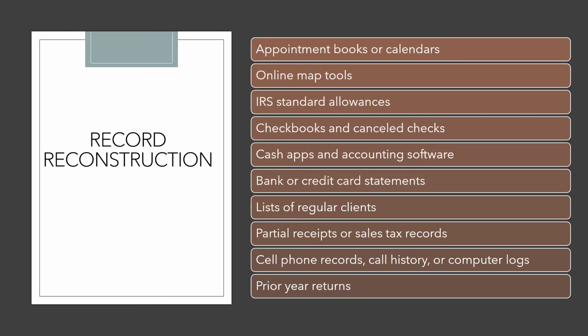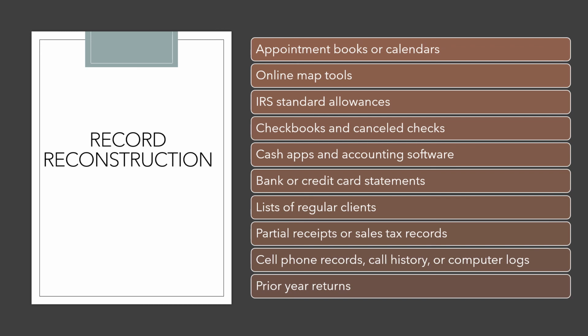And here's a more extensive list of the kinds of tools we can use to help figure out what the income and expenses for the Schedule C were. If the client is keeping appointment books or calendars, that helps with the purpose of the mileage, what was happening, what was the business reason for it.